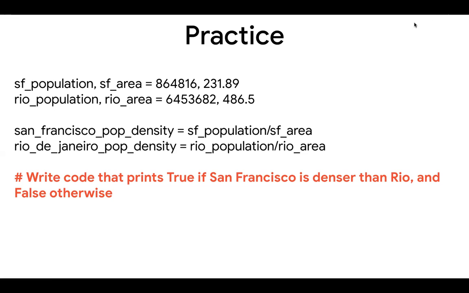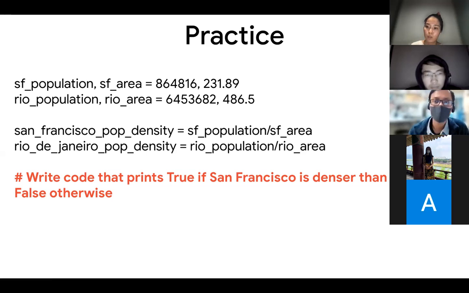How can we write the code that prints true if San Francisco is denser than Rio, and false otherwise? How would we evaluate the density of two cities?